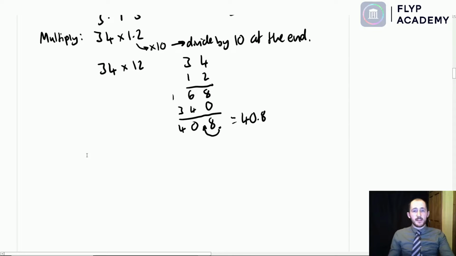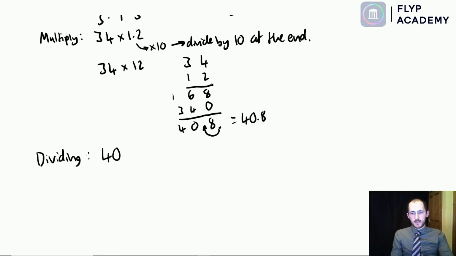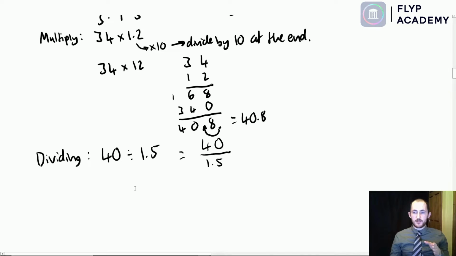Now for dividing, it is a similar situation. However, you can do something a bit more interesting. Okay. So let's say we wanted to do 40 divided by 1.5. Okay. Now I can also write this as a fraction. And once again, I want to get rid of the 0.5.